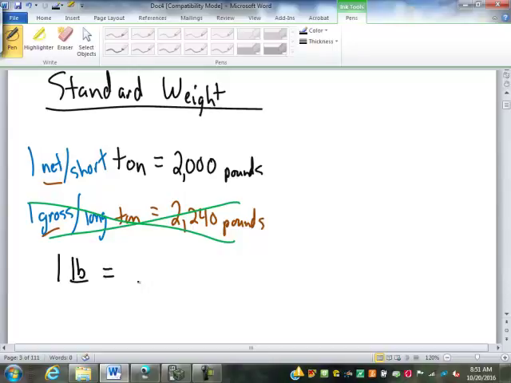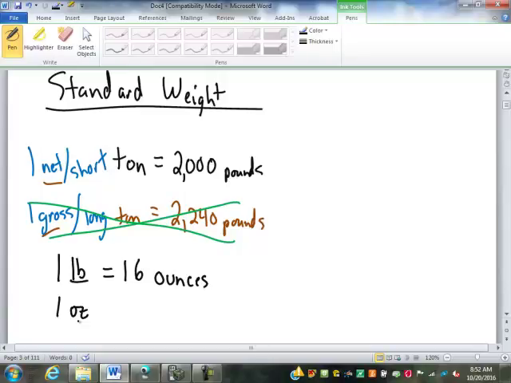Smaller than a pound, we have ounces. How many ounces are in a pound? 16 ounces. The ounce is abbreviated OZ. OZ comes from the Latin word for ounce as well. I don't remember what that Latin word is right now, but they could have just used OU, but they chose to stick with the Latin, as they did for pounds.